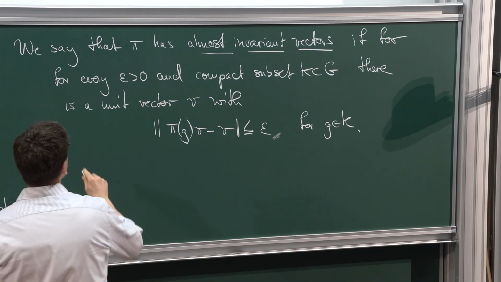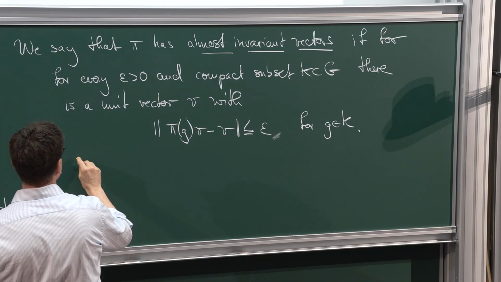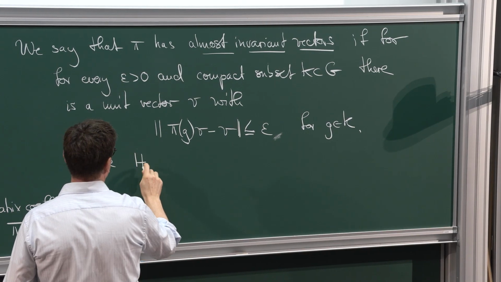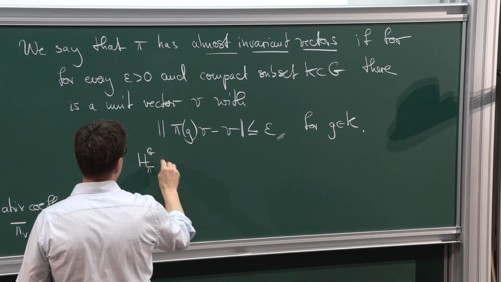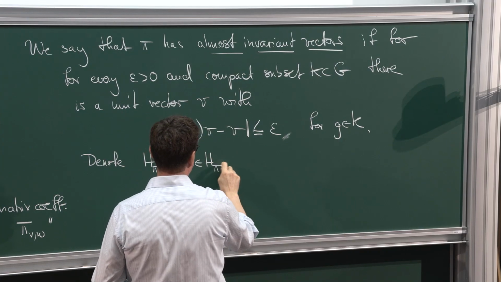And then we call the invariant vectors, these are just the vectors that are really fixed by everything.